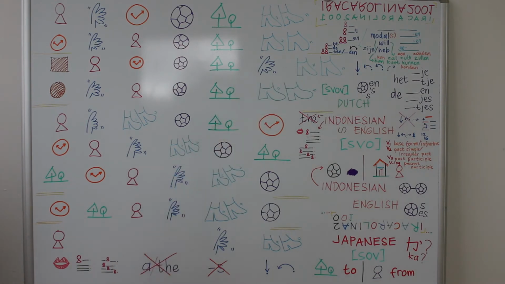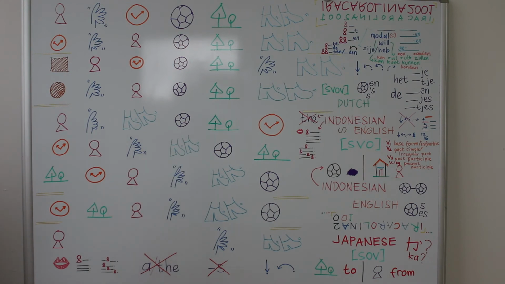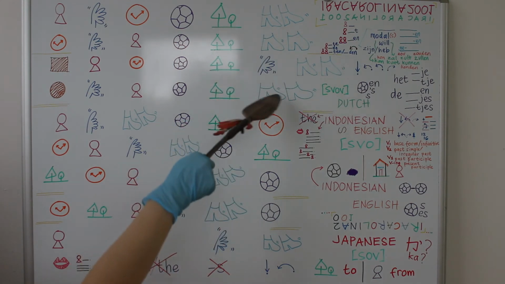Here I just put zijn. And have, but it's not only have or has, because in Dutch at least you have heb, hebt, hebben, based on the subject itself. The zijn or have is going to be here, and the something here.